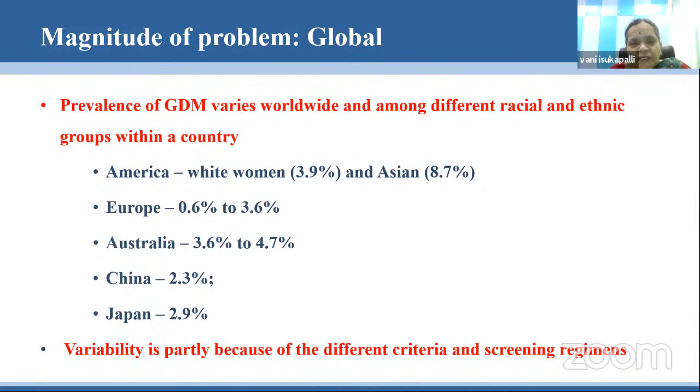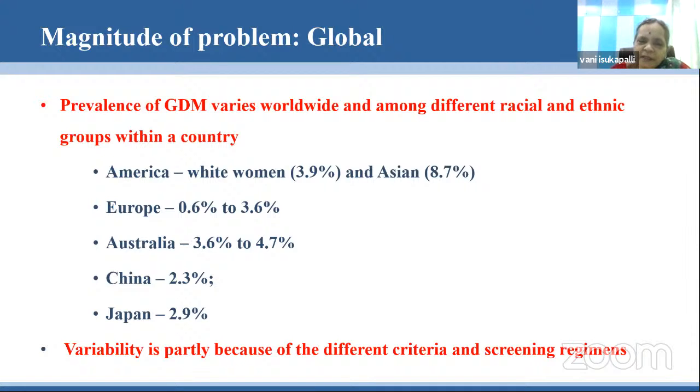If you see in the United States of America itself, we have the incidence between 3.9% in white women, and in Asian women in America, it is around 8.7%. So such a lot of difference. In European countries, it is up to an extent of 3.6%. In Australia, about 4.7%.